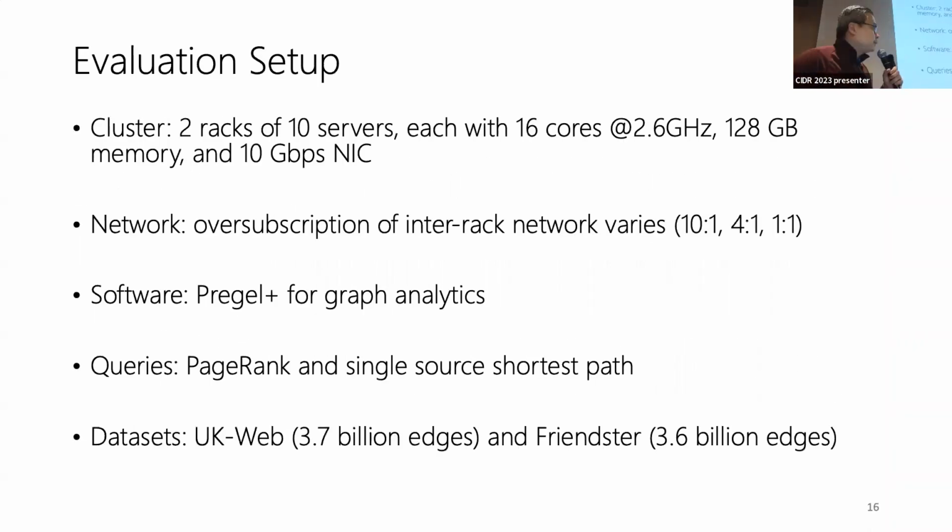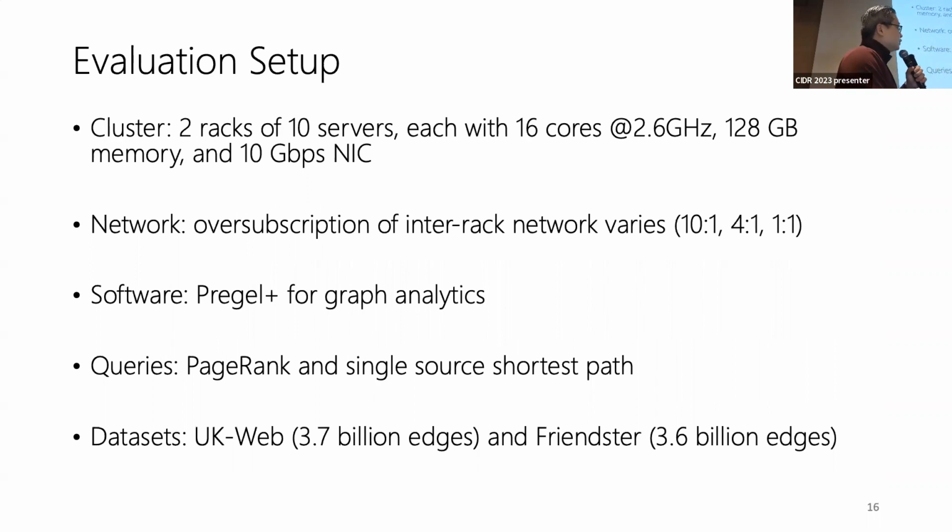Now, in terms of evaluation, we have implemented TeShu and run it on a cluster of 10 servers with 16 cores. We emulate different levels of oversubscription, where oversubscription is the ratio between the inter-rack communication, which is more global, versus the intra-rack.